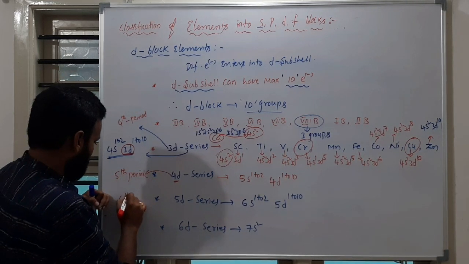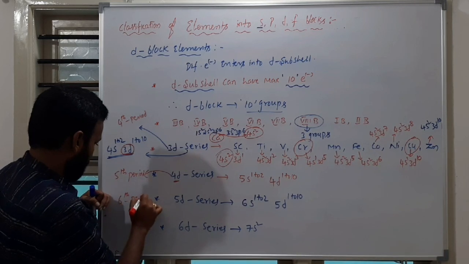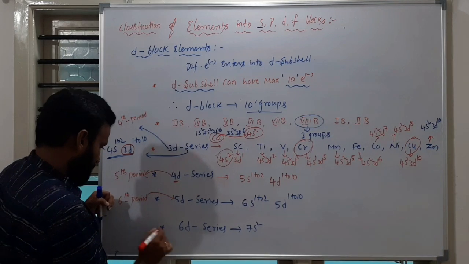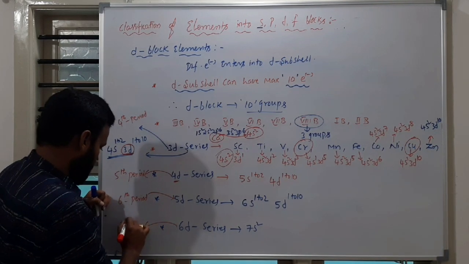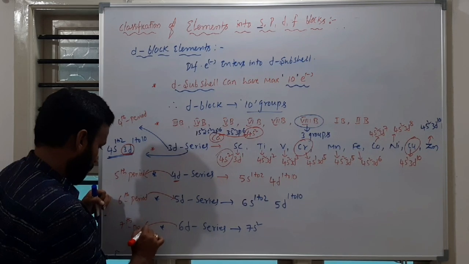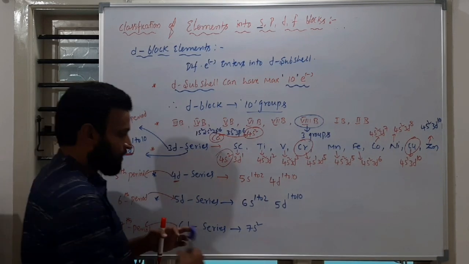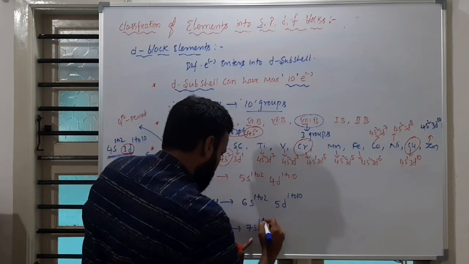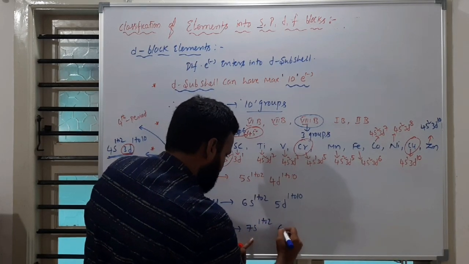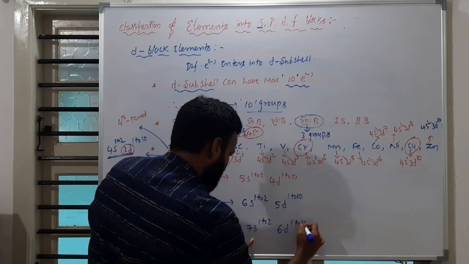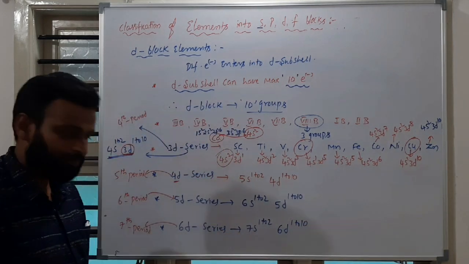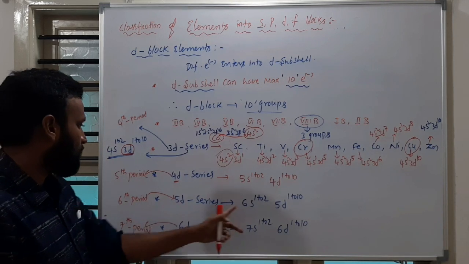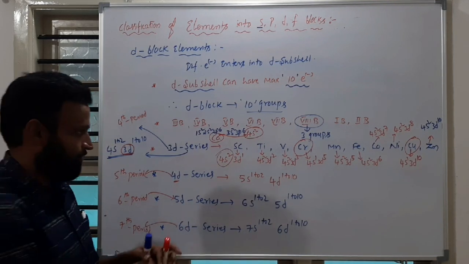And the 5d series is present in the 6th period. And the 6d series is present in the 7th period, now 7s2 or else 7s1 to 2 and 6d1 to 10 I can write. Okay. So here in the 6th period you have a configuration and in the 7th period you have a configuration.